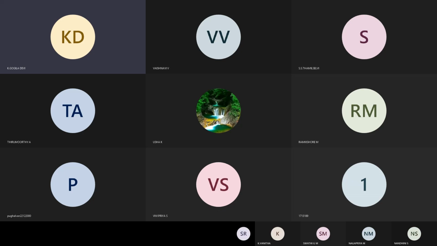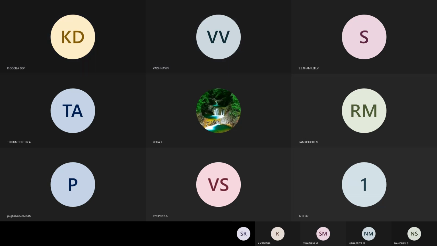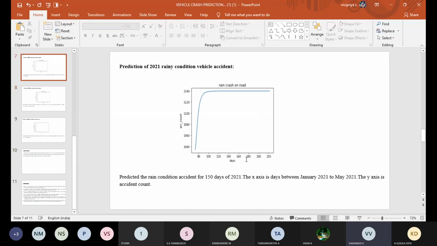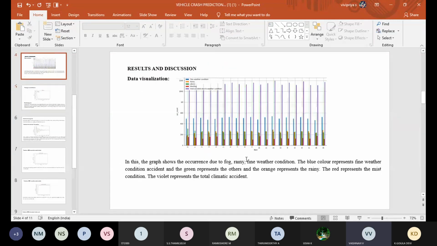Could you go to your result and discussion slide? Yes, ma'am. From where have you got these values of rain, fog, and fine weather condition?